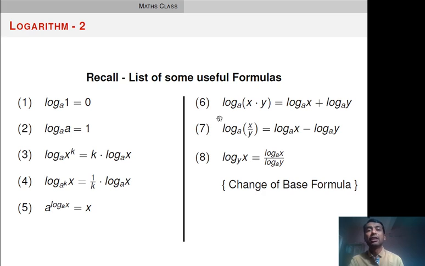Generally, when we are dealing with such type of examples, we have to apply the rule in reverse order. It means what? If you look at rule number 6, in the question it will be given like this: log x plus log y, and in place of that we will write log x into y. Similarly, when log x minus log y is given, we will write log x divided by y.